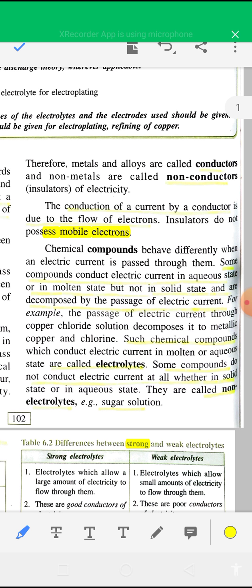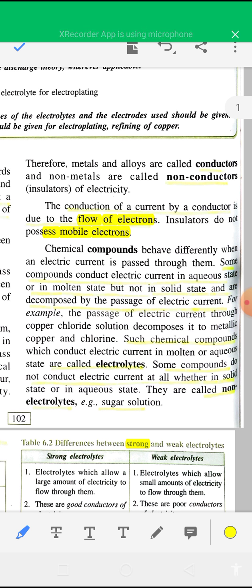They can conduct electricity due to the presence of free electrons, and these free electrons can flow on the surface of the metal. But non-metals or insulators do not possess such mobile or free electrons, and they are bad conductors or non-conductors of electricity.